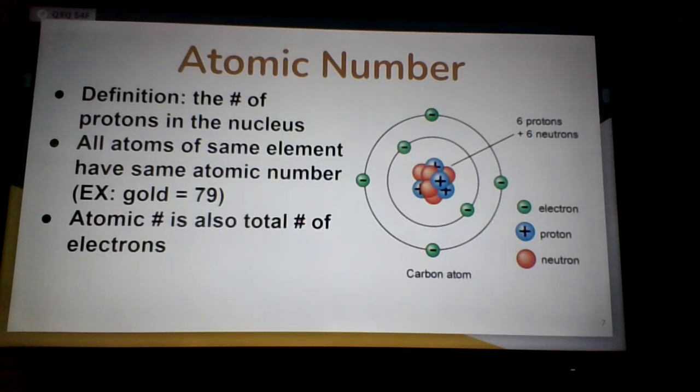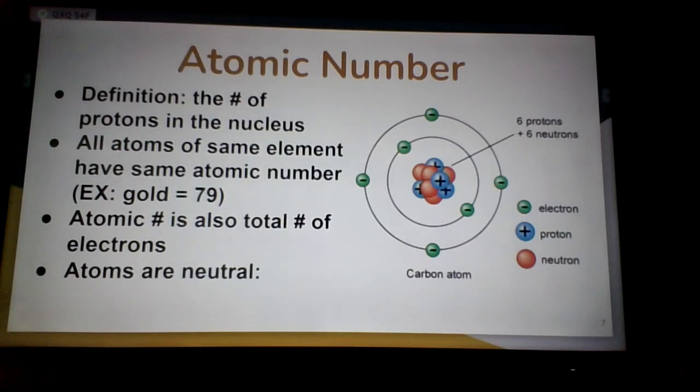The atomic number is also the total number of electrons, although the definition of atomic number is protons. The protons and the electrons match each other until the atoms start to combine, but a single carbon atom will always be 6 protons and 6 electrons. That's going to give them a total electric charge of 0.